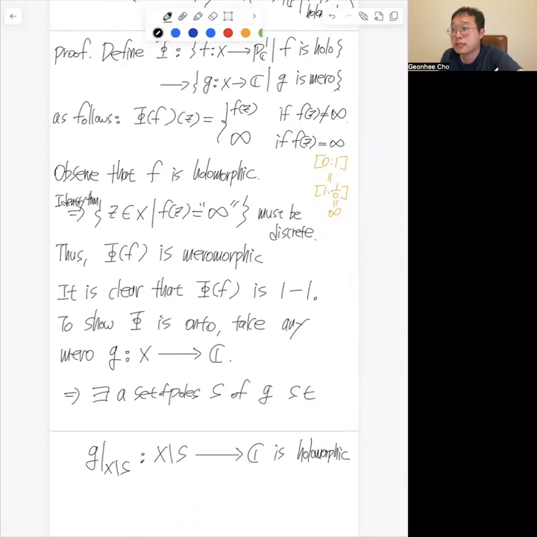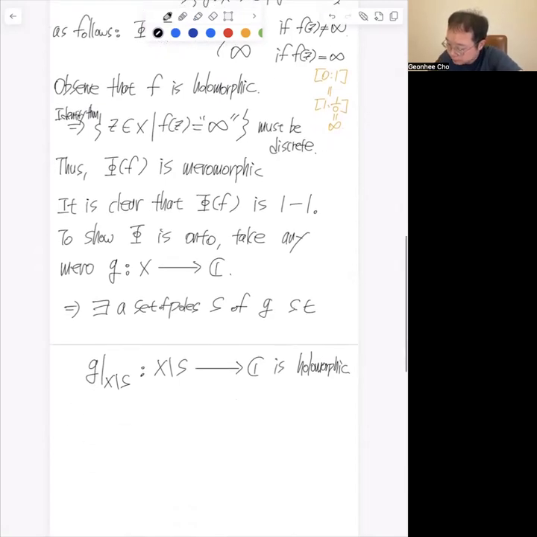So we just need to extend this function to CP1. It is now clear that we can simply extend the codomain.